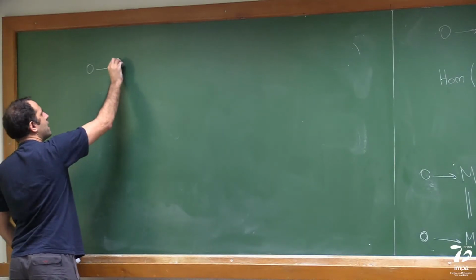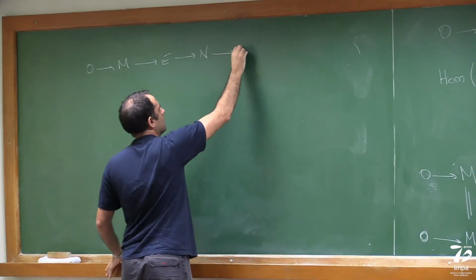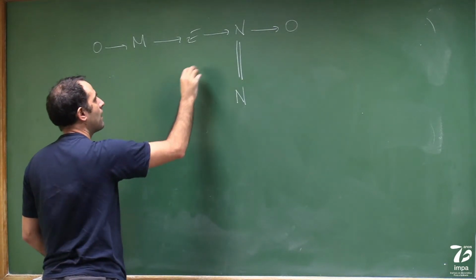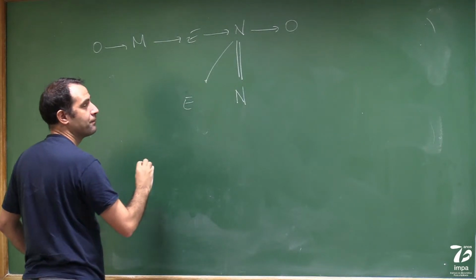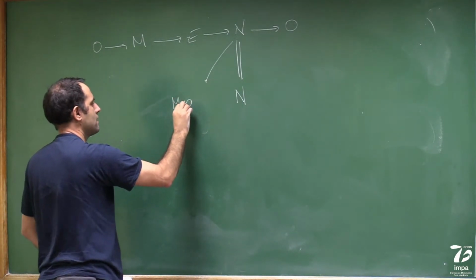So now we have M into E into N into 0. I'm going to take equal here to N. I'm going to take sigma here into E. Sorry, I'm going to take here M plus N.